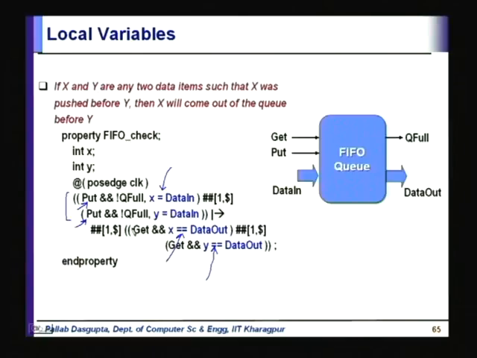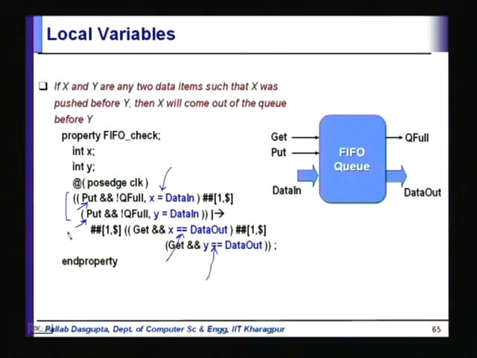Sir, you are basically defining FIFO in another way, like for a pair of data, then using that property to establish. Right. So I am saying that the FIFO property is that for every pair x and y of data, if x goes in before y, then eventually x will come out before y. Right. So that is the FIFO property, and that is exactly how this one has been expressed.